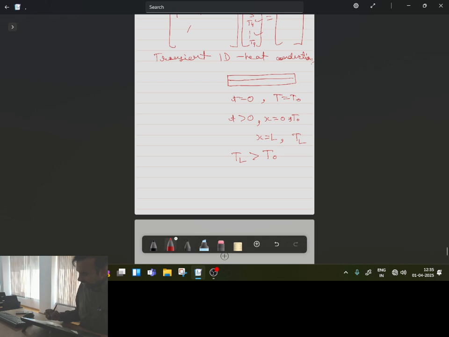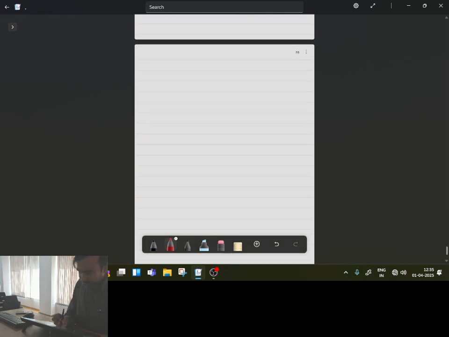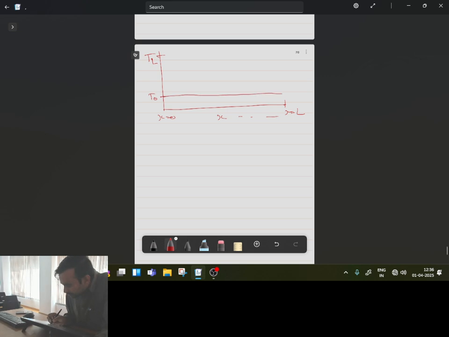If I consider that this is my different x location, so this is x equal to 0, this is x equal to L, and this is TL, and this is T naught. Initially, what was the rod temperature? T naught. So this horizontal line will be applicable for T equal to 0.